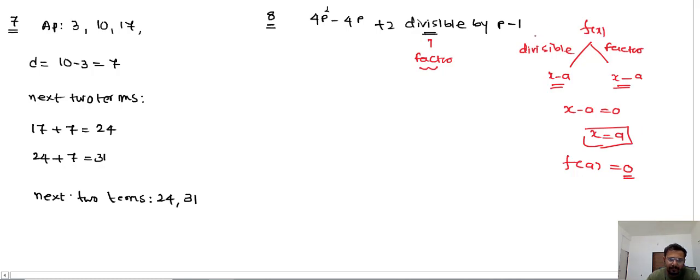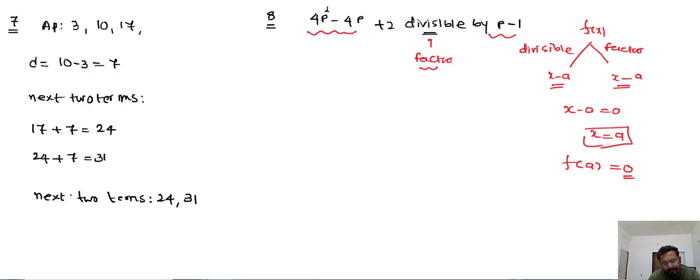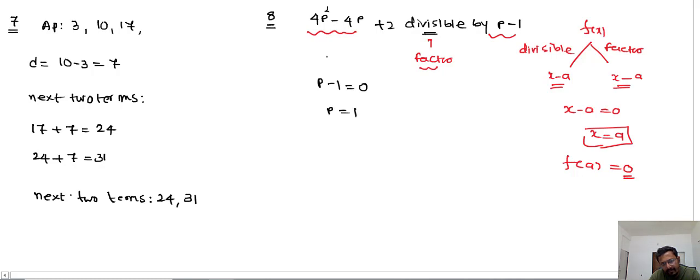First we take p minus 1 equal to 0, so p equal to 1. Now put the value of p equal to 1 in this equation. f of 1 is equal to 4 times 1 square minus 4 times 1 plus 2, so 4 minus 4 plus 2. Your remainder is 2 and your answer is option C.